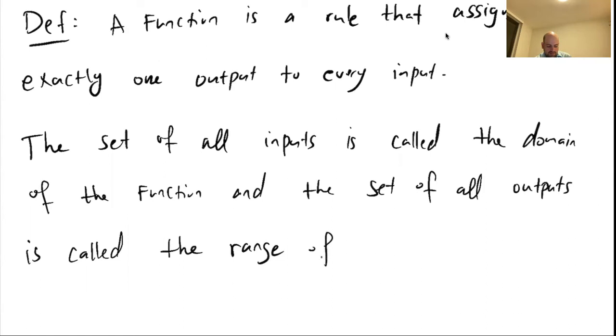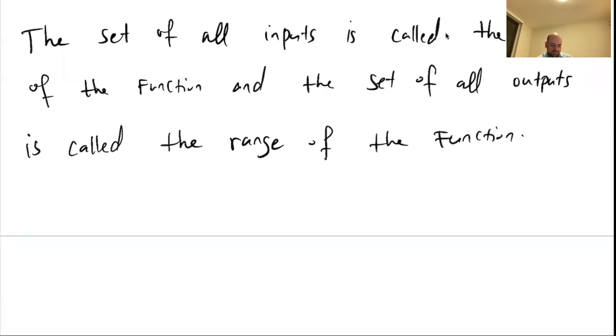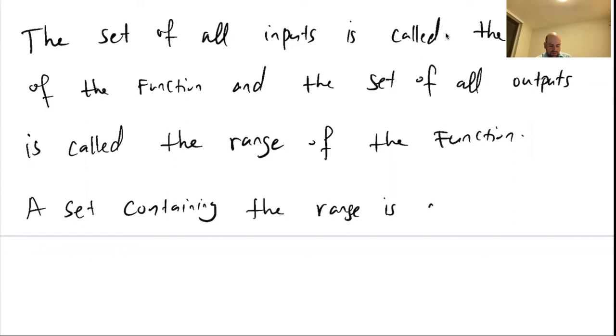The range of the function. A set containing the range is called the codomain of the function.